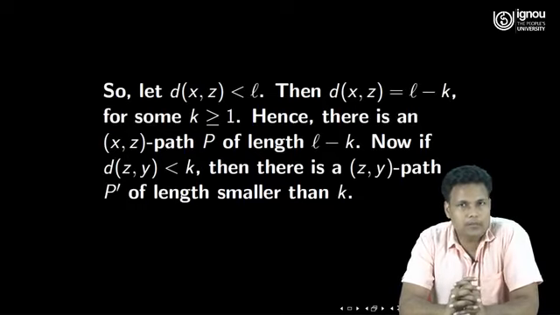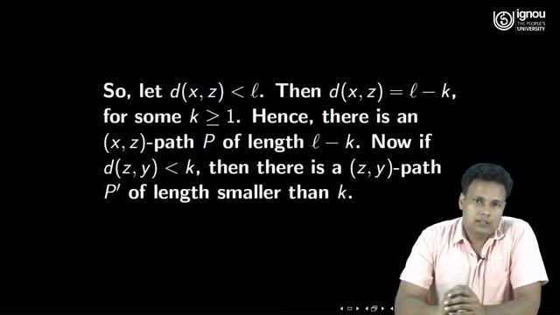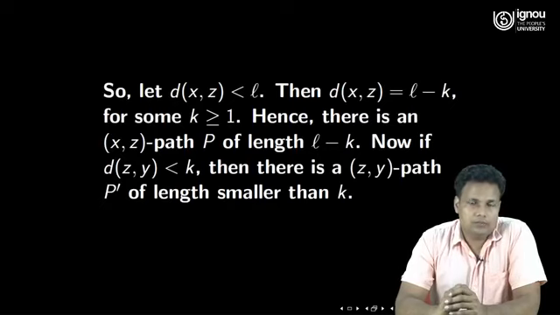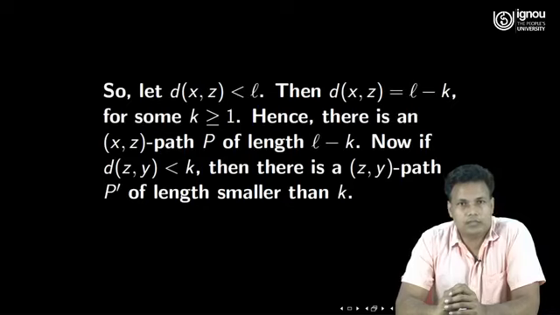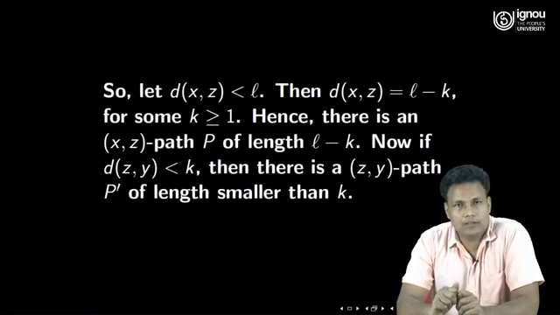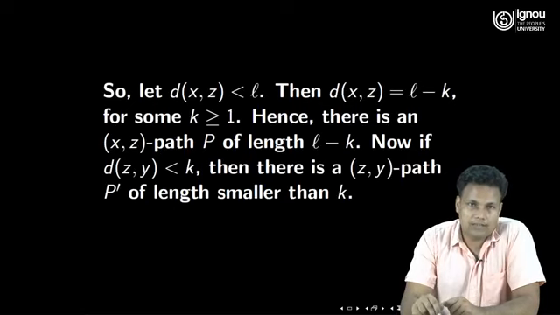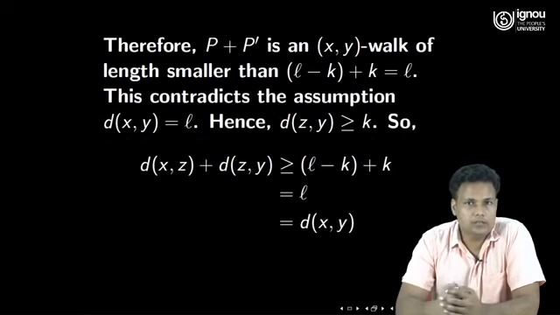So what does this mean? This means that the walk p plus p dash, the walk obtained by joining the paths p and p dash, is a walk from x to z and from z to y. So this is an xy walk, right.